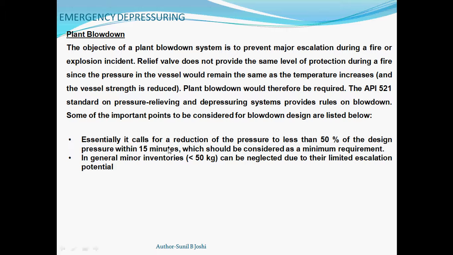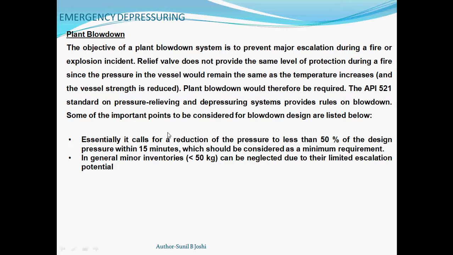Now this particular guideline is given by API, but there may be company specific guidelines wherein they may ask you to design the equipment depressuring system to reduce to 50% of design pressure, or some other specified value, let's say 7 bar as the pressure, whichever is lower. So your equipment should reach at least that level in the 15 minutes of time.